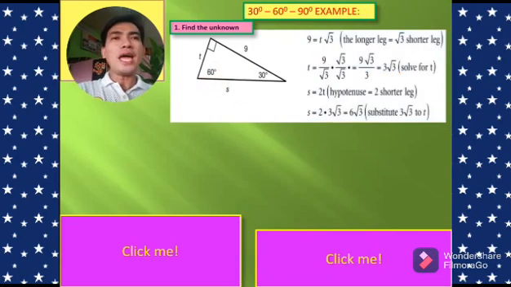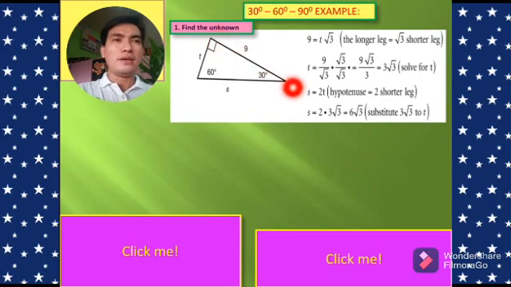Okay. To find T, you will be using the formula that the longer leg is equal to the square root of 3 times shorter leg. So from there, our shorter leg in this case is T, and our longer leg is 9.